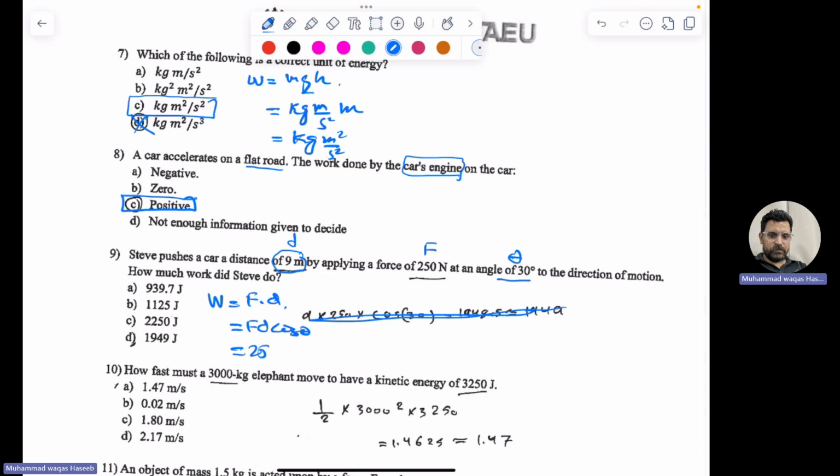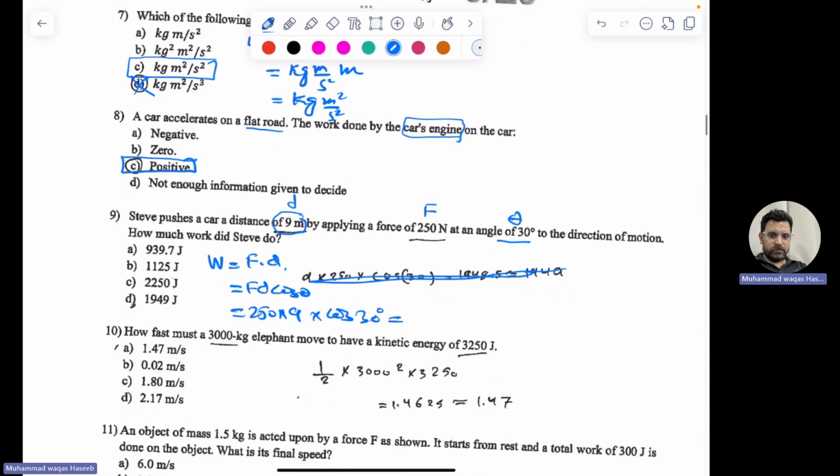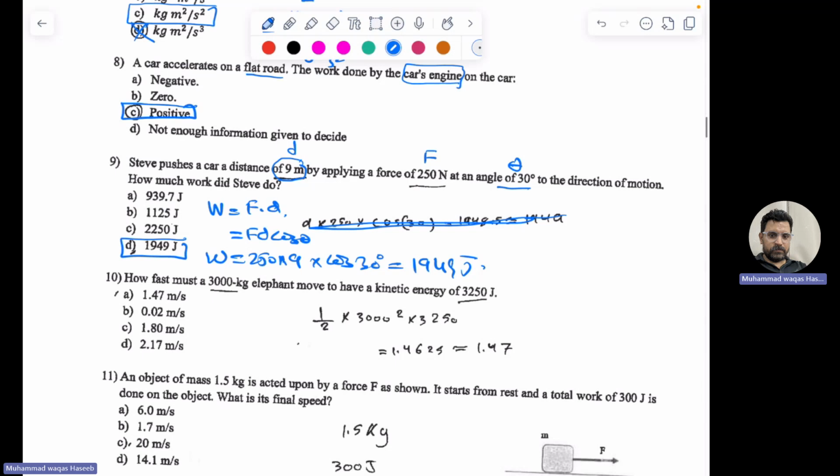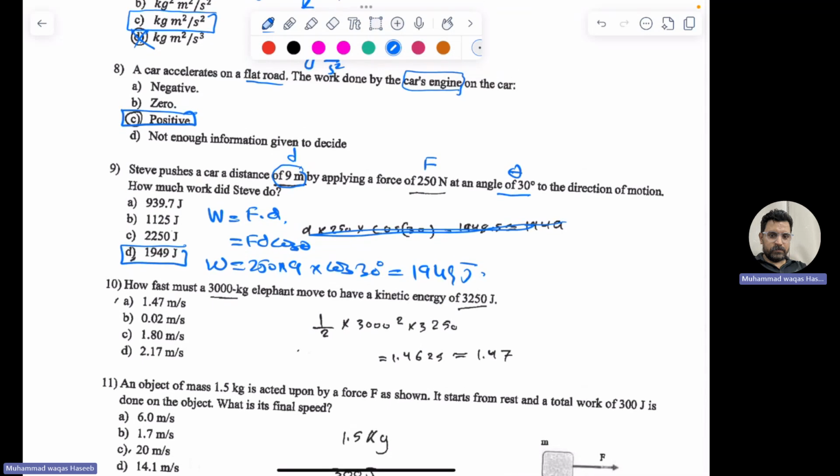So F is 250, d is 9, and the angle is 30. You substitute the values, and you will get 1949 joules.